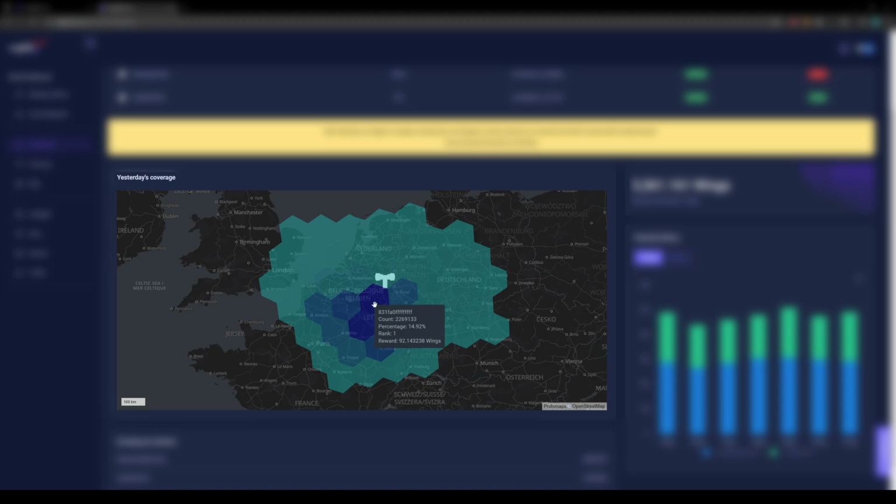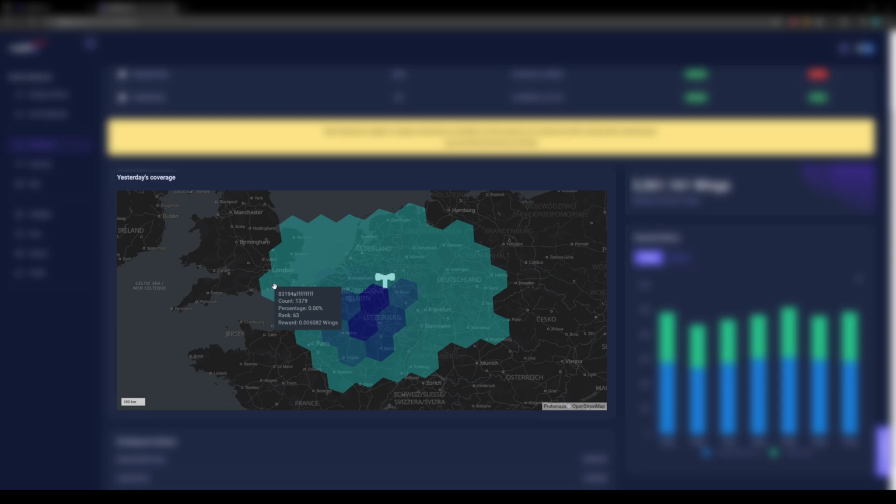So in this case, some of the far off ones, such as ones in London, these hexes, we're talking 1,300 messages, rank 67. 1,300 again, rank 63. That's a really far reach for this antenna.